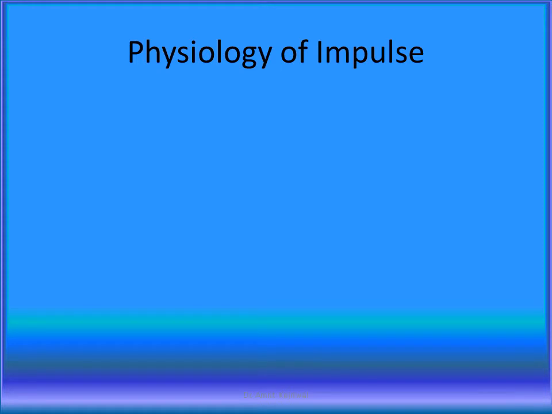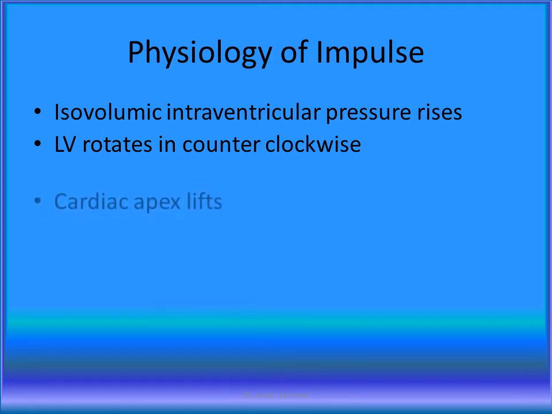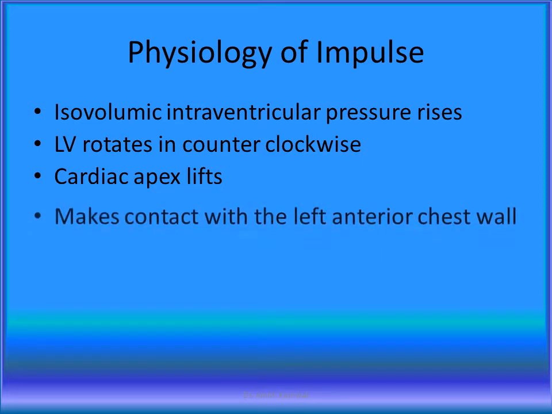Coming to the physiology of impulse, there is isovolumic intraventricular pressure rise. Isovolumic means both the mitral valve and the aortic valve are closed, so the volume cannot change. So there is an intraventricular pressure rise which is isovolumic. The left ventricle rotates counterclockwise. The cardiac apex lifts.